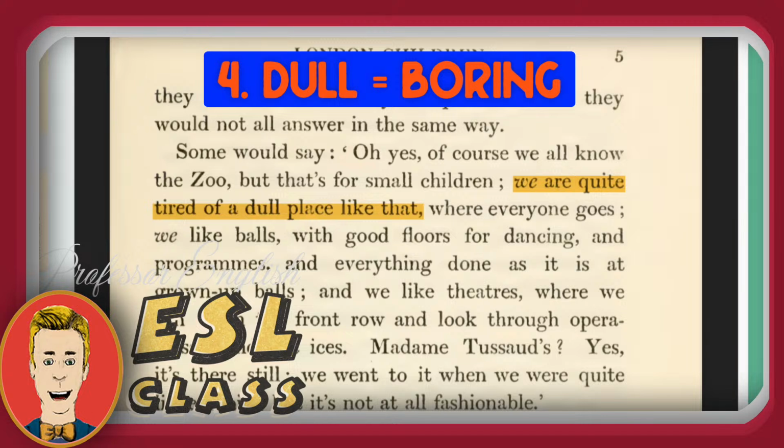It's a boring place for older children. What is another word for boring? Dull. Let's change the sentence using dull. No, the zoo isn't an exciting place for older children. It's a dull place for older children.